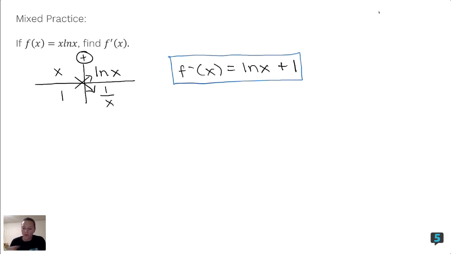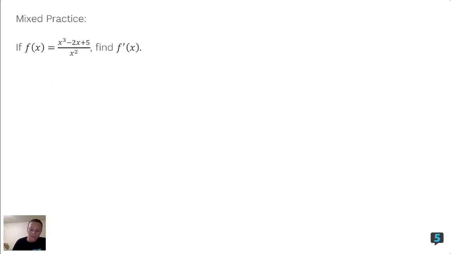That one's pretty straightforward. All right, here's our next one. This time I want us to take the derivative of f of x equals x cubed minus 2x plus 5 all over x squared. Try this one again on your own and see what you come up with. We're trying to find f prime of x.